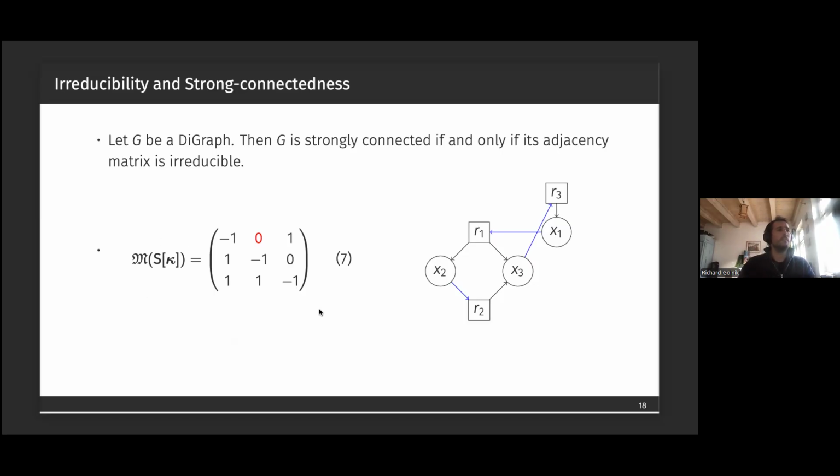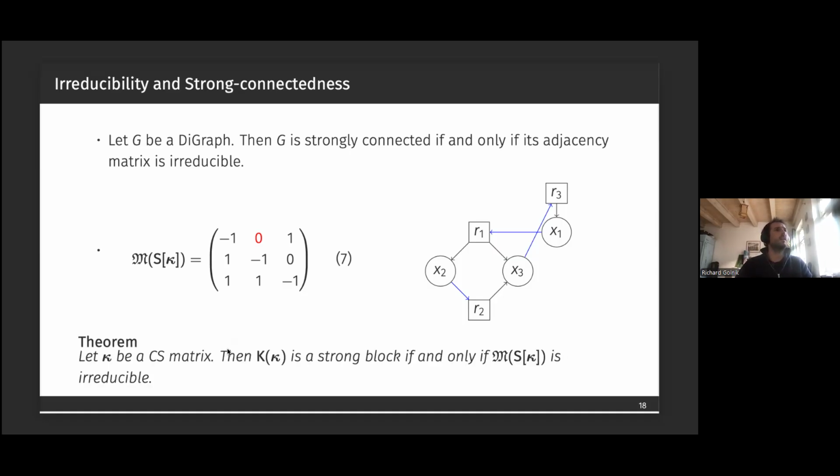And then the Metzler part of my child selection matrix represents, as a transpose, the adjacency matrix of the associated metabolite graph. Then we get the result that if I have a child selection, then my child selection induced subgraph is not only strongly connected, but even more, it is a strong block. That means the underlying graph is also two-connected if and only if the Metzler part of my child selection matrix is irreducible.